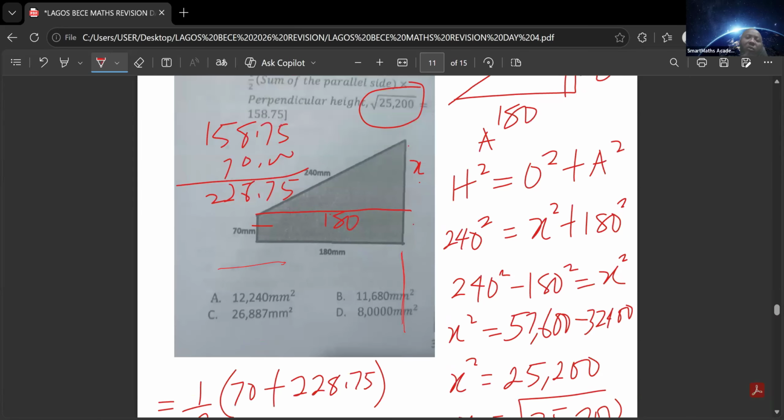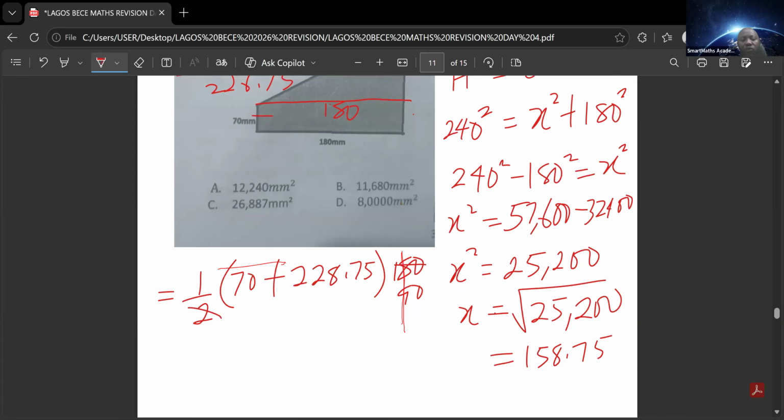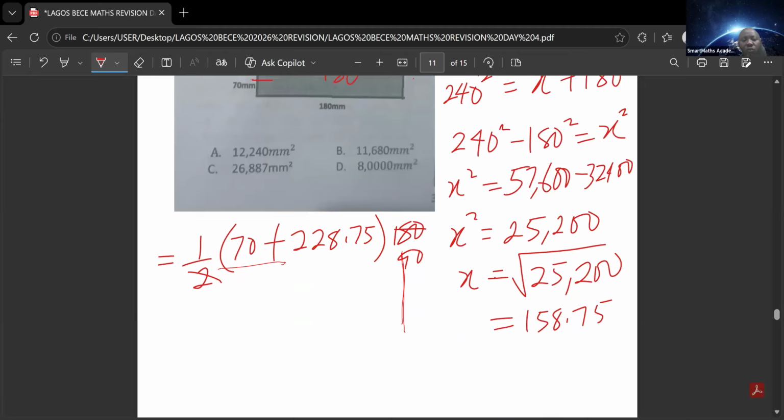The height is 180. So 2 here, 180 over 2 is 90. Let's add this together: that is 298.75 times 90. Then multiply this.